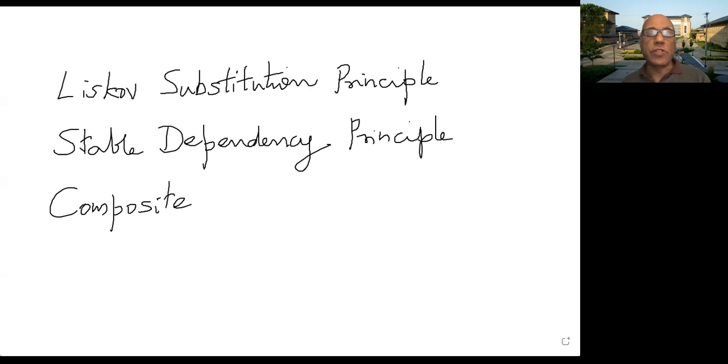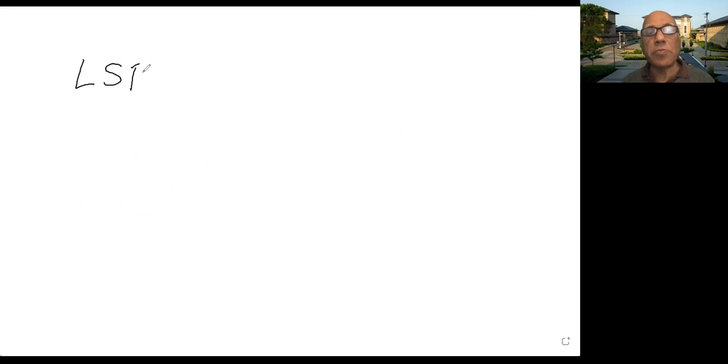Okay, so let's first talk about the Liskov substitution principle. You know that it is abbreviated LSP. What is it about? It is about whether you can create a subclass of another class, obviously.